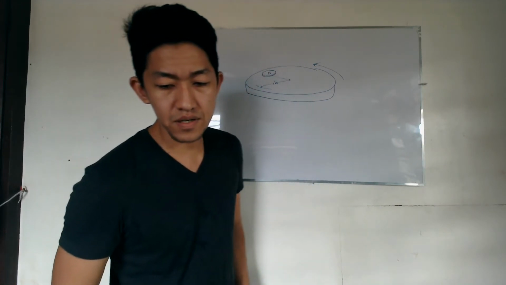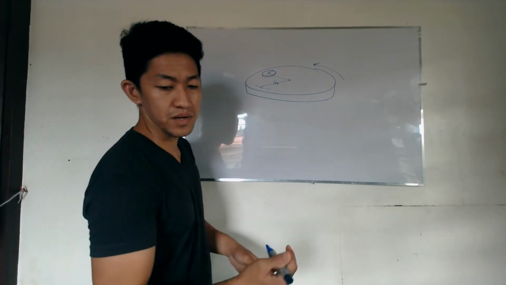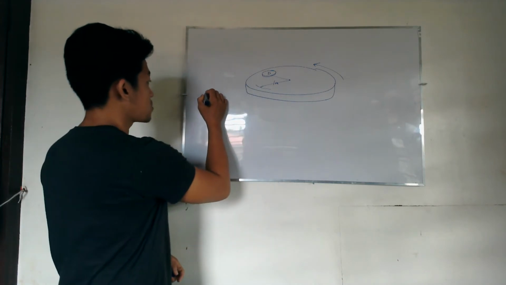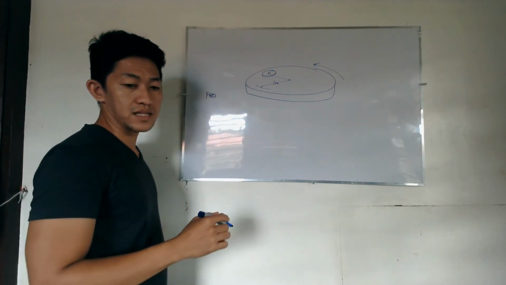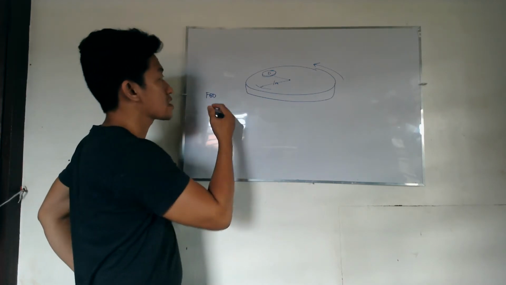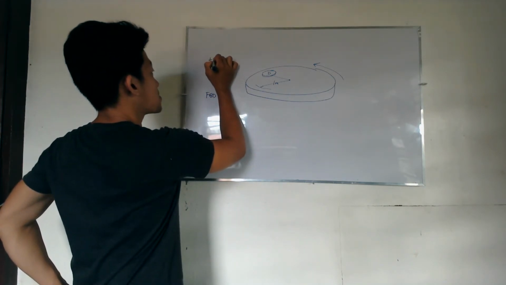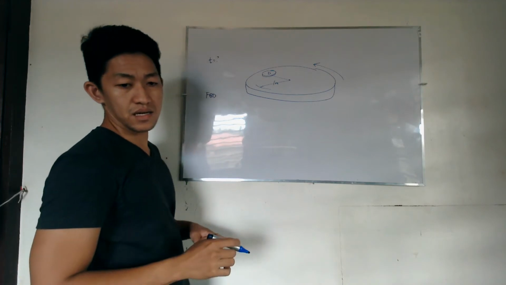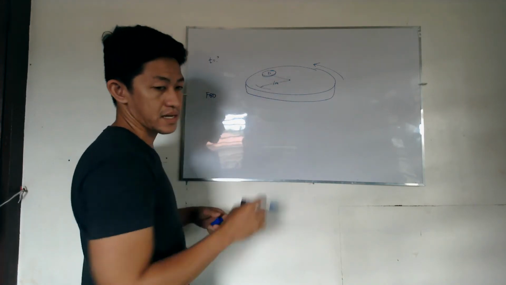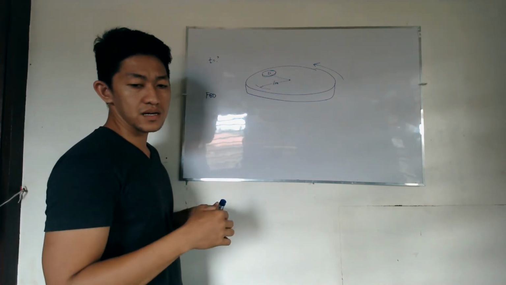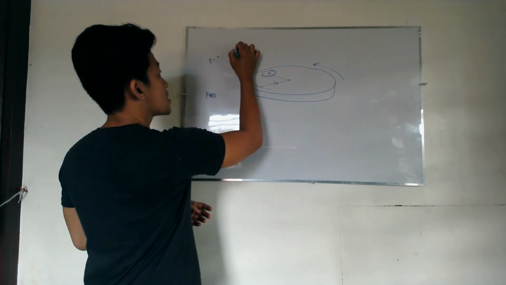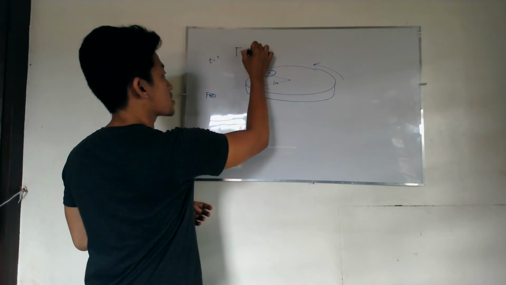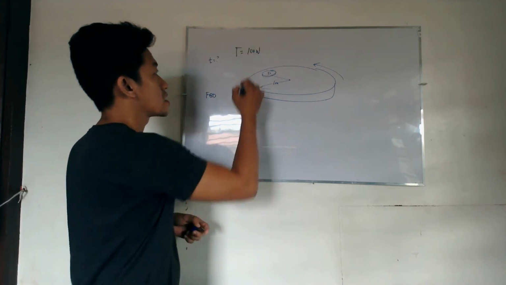Okay, so the first step in analyzing this problem is to draw the free body diagram. Before I forget, what is asked in the problem is the time that the cord will break. The cord will only break when the tension exceeds 100 newtons.